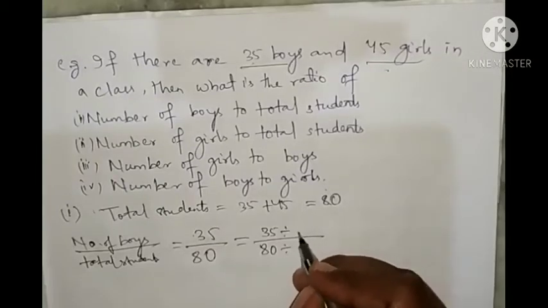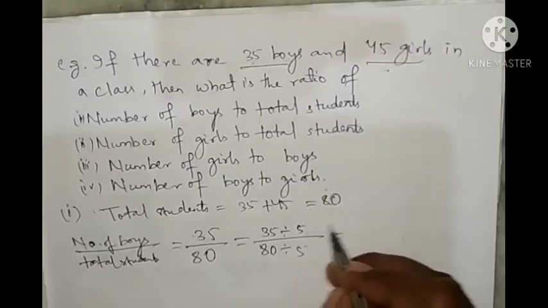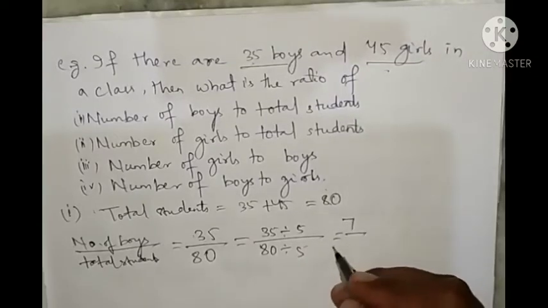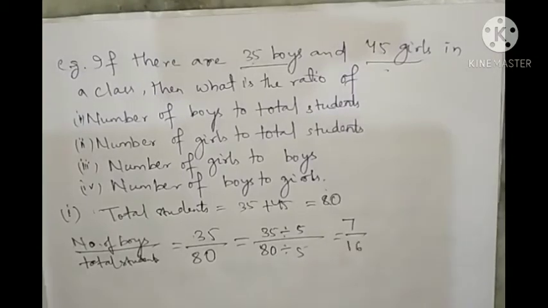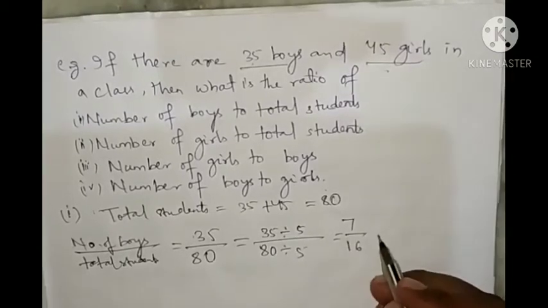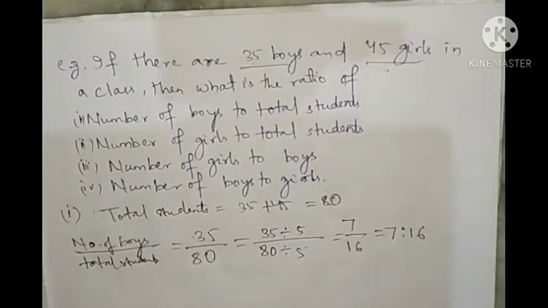Divide by 5, you can make it into simplest form. 35 divided by 5 is 7, and 80 divided by 5 is 16. That you will write 7:16. Okay. Like this.